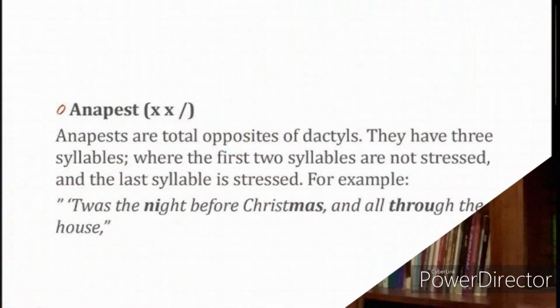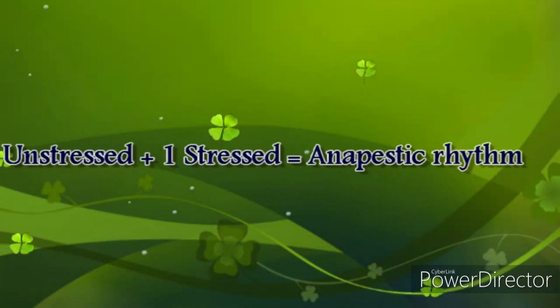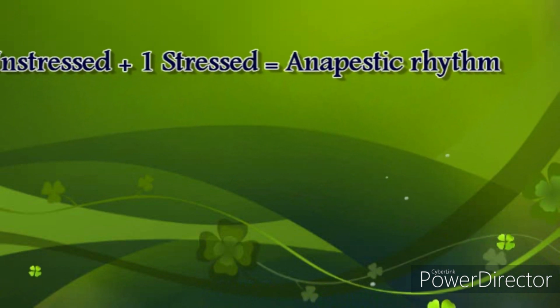The opposite of the dactylic, meaning the combination of unstressed syllables plus a stressed syllable, is the anapest, A-N-A-P-E-S-T. It is the combination of two unstressed syllables plus one stressed syllable, like souvenir: sou unstressed, ve unstressed, nir stressed. Like à la carte: à unstressed, la unstressed, carte stressed.